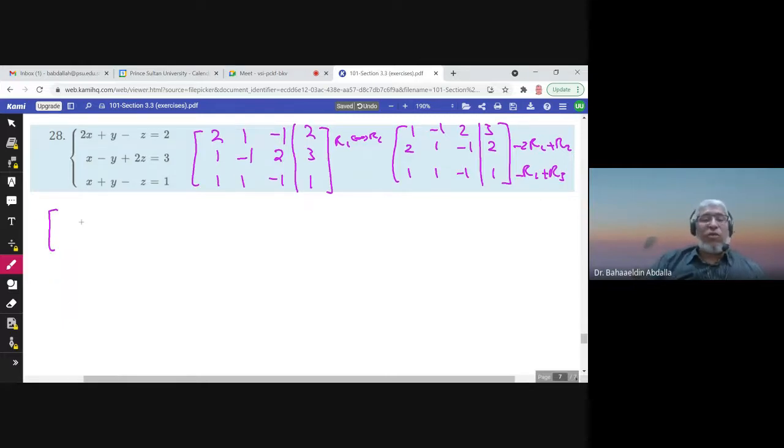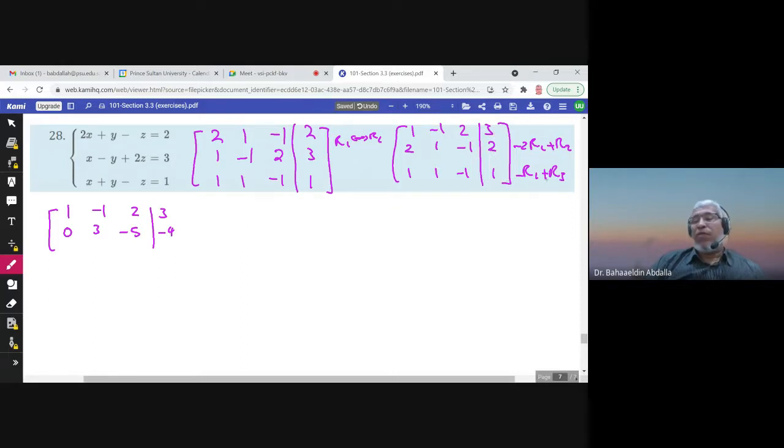The first row remains the same. Negative 2 plus 2 is 0. 2 plus 1 is 3. Negative 4 plus negative 1 is negative 5. Negative 6 plus 2 is negative 4.